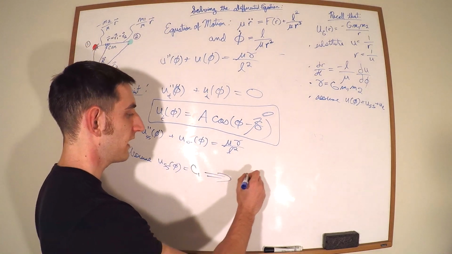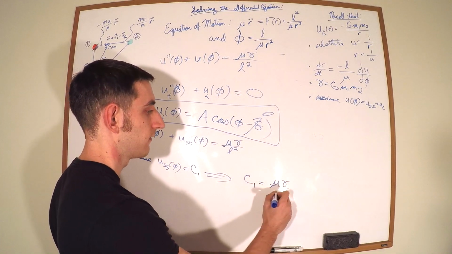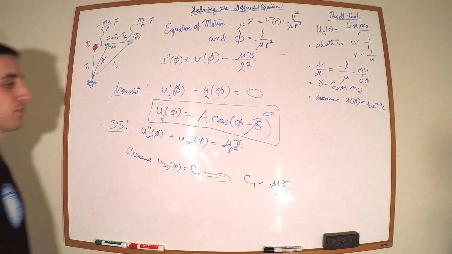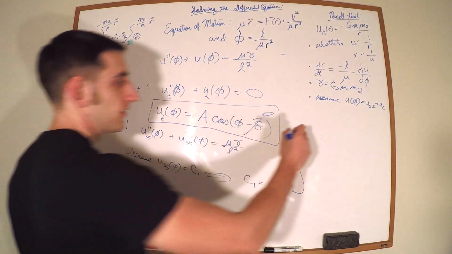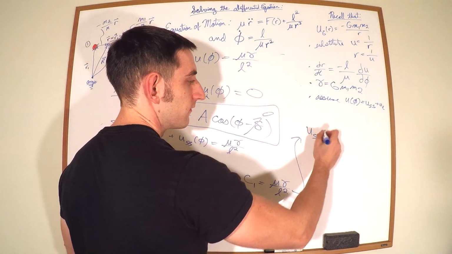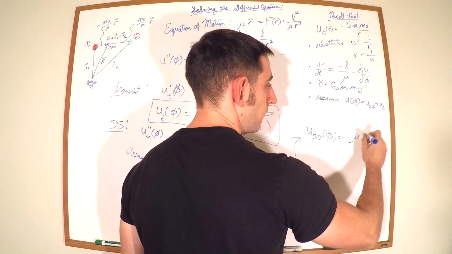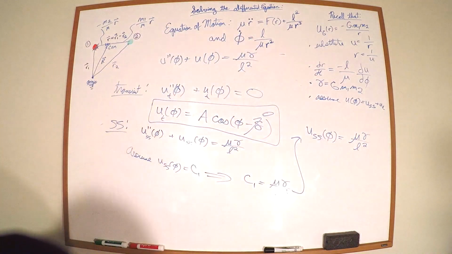So all we end up with is C1 is equal to mu gamma over L squared. Nice, brah. So that basically says that U_SS was very easy to find, and that's just mu gamma over L squared.